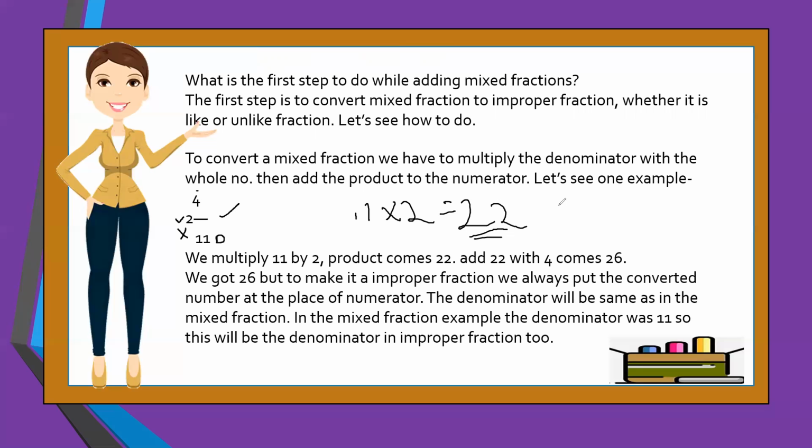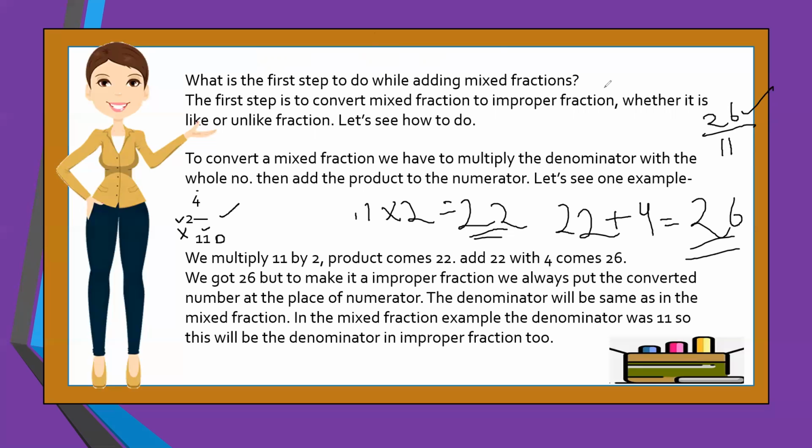The numerator is 4, so 22 plus 4 is 26, and the denominator will be 11 only, so this will be 26 upon 11. This is how we converted it to an improper fraction.